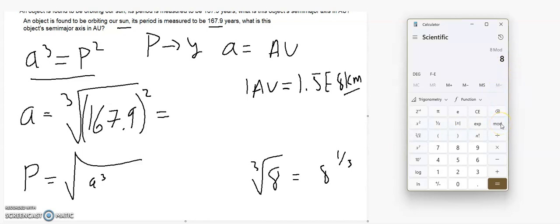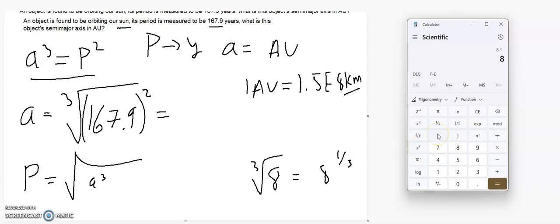Let me start again. So 8 raised to the, now you have to be careful here, because if I raise it to 1 divided by 3, I'm not going to get the right answer. It gives you an approximation, so don't do that. This is the proper way to do it: 8 raised to the 1/3.